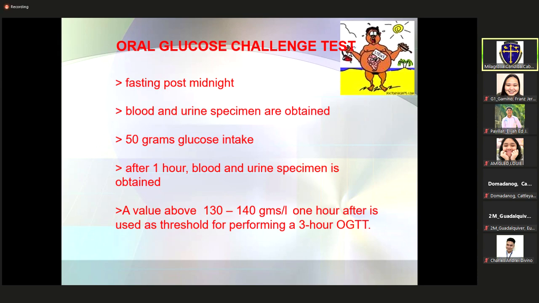Kung ang value ng result ng OGCT mo is above 130 to 140, pwede magsabi si doktor, okay, this is way too high, so we would go to a 3-hour OGTT.